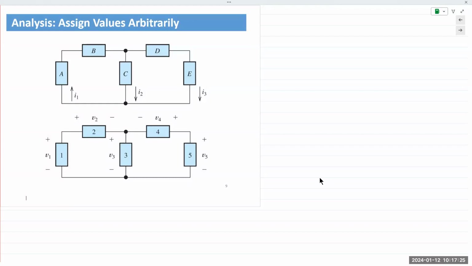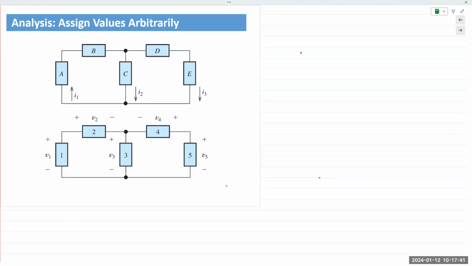But the point remains the same. When you begin your analysis, we have no idea what the voltage polarity and the current direction is in the entire circuit. We just assume a polarity and a direction, and we begin our analysis.